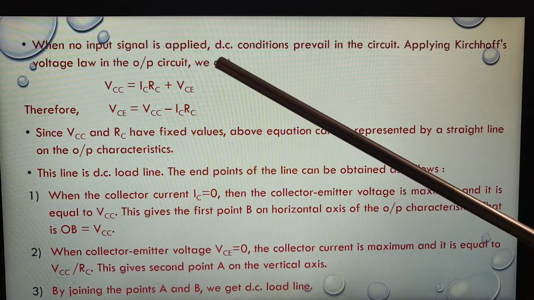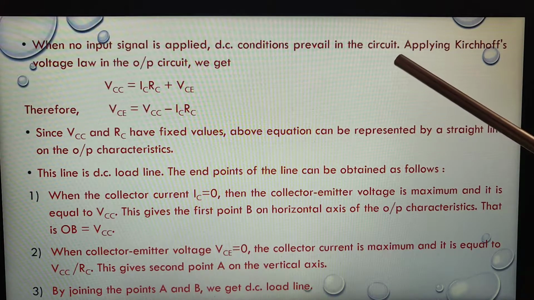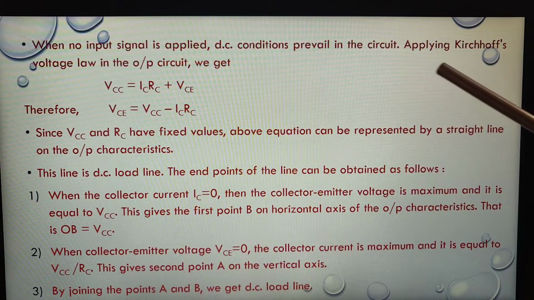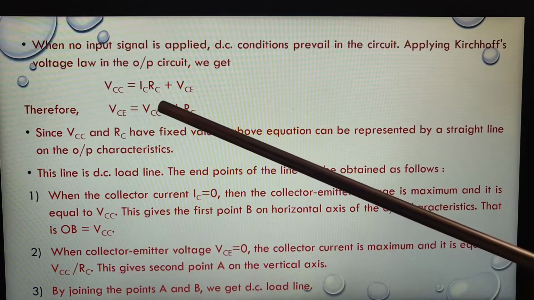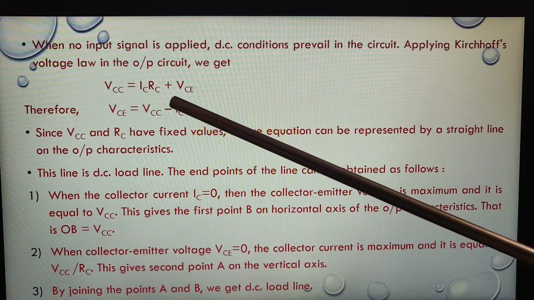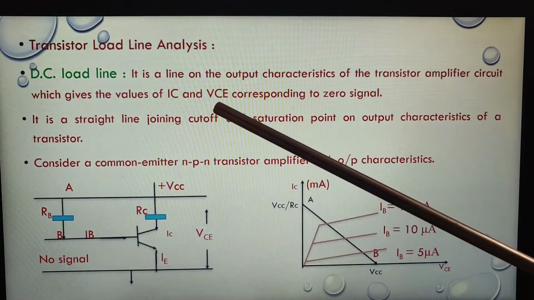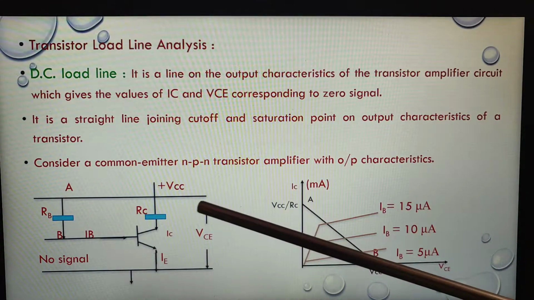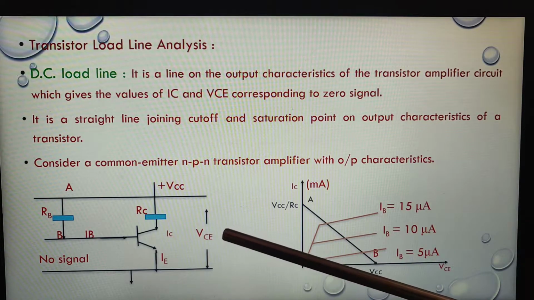When no input signal is applied, DC condition prevails in the circuit. Applying Kirchhoff's voltage law in the output circuit, we get VCC equal to IC RC plus VCE as shown in the figure.